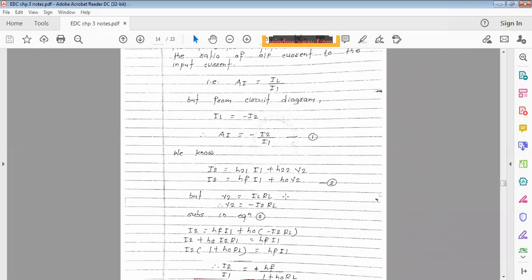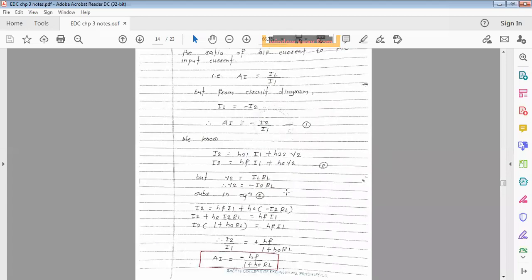Now I will give you 1 minute. Go through these slides step by step. First thing, what is the equation of current gain? IL upon I1. What is the relation between IL and I2? It is minus, so IL is equal to minus I2. So AI is nothing but minus I2 upon I1. Write down the equation of I2: it is H21 I1 plus H22 V2. Replace it with the standard H parameters.